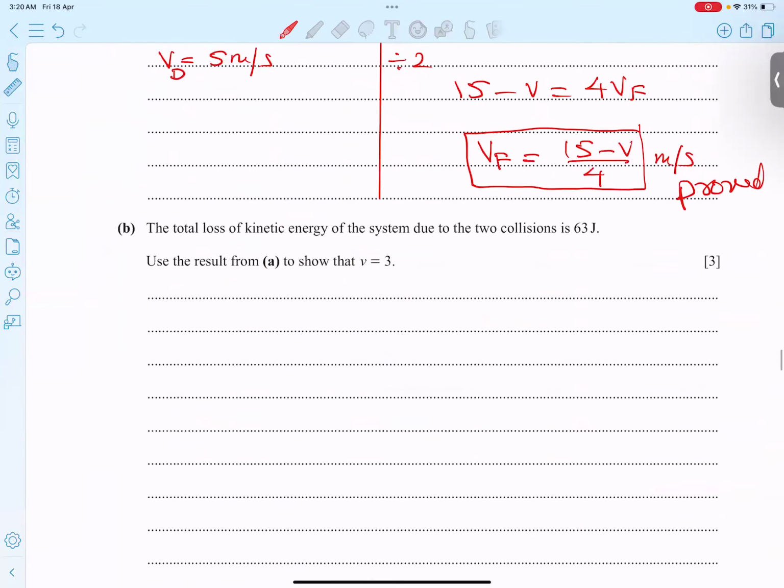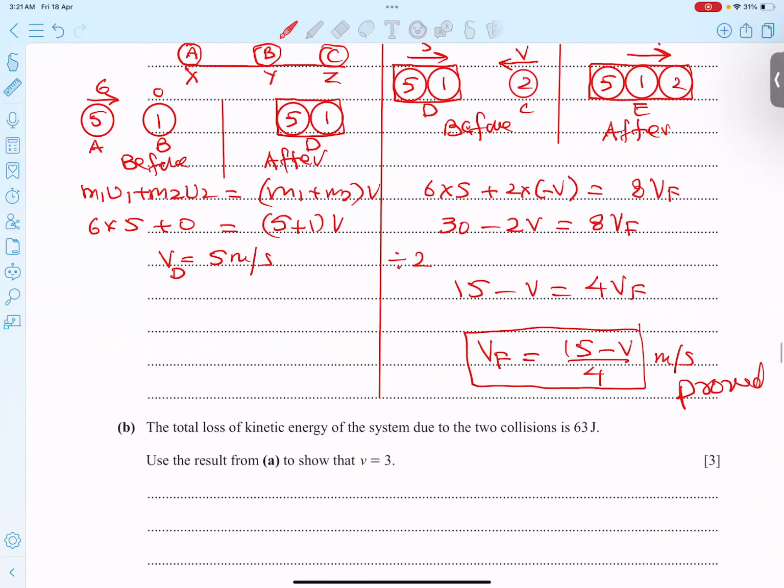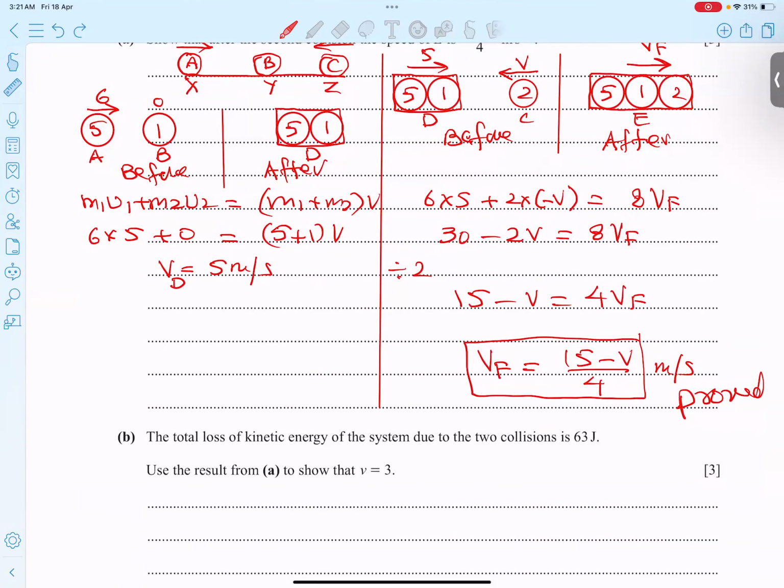So next part, the total loss of kinetic energy of the system due to two collisions is 63. Make sure this is the first collision and this is the second collision. The idea is very clear. We have to keep our eye on speeds and masses. So let's talk about kinetic energy before collision number 1. This speed is 0, what speed is here? 6.